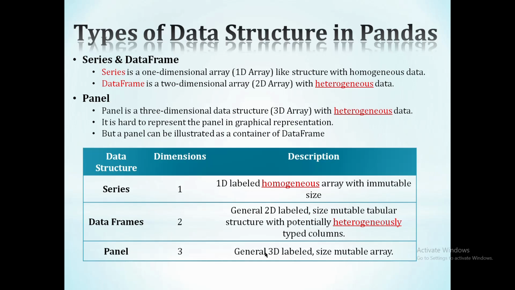It is a two-dimensional array, but it will accept heterogeneous data. The last one is the panel. It is a three-dimensional data structure with heterogeneous data. It is hard to represent the panel in terms of graphical representation, so we will use the containers of data frame to illustrate the panels.